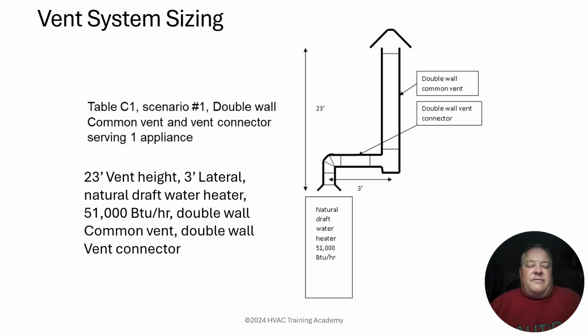If you start looking at the actual table itself, you'll see that the common vent and vent connector serving one appliance falls under table C1. I've got a 23-foot vent height, which I have measured here. I've got a 3-foot lateral, a natural draft water heater at 51,000, as indicated, double wall common vent and double wall vent connector.